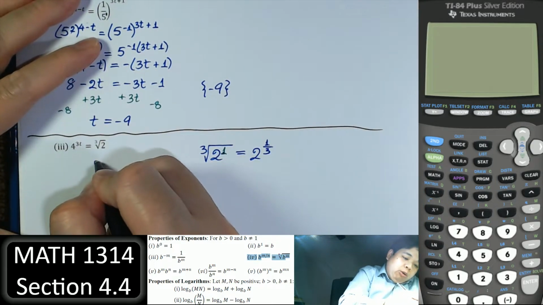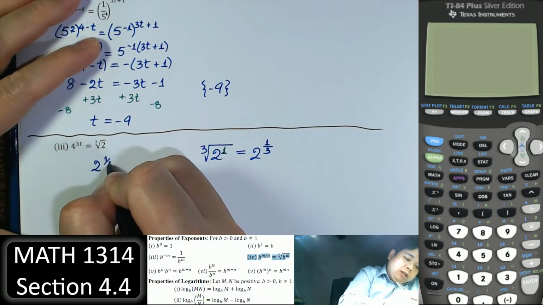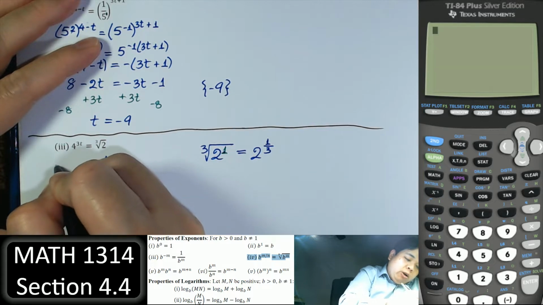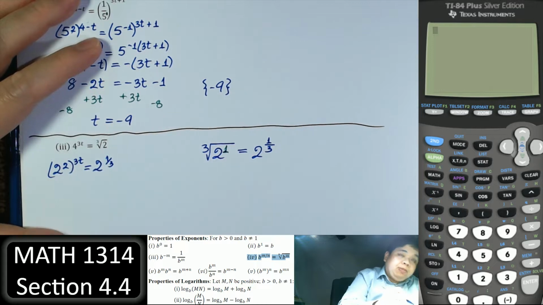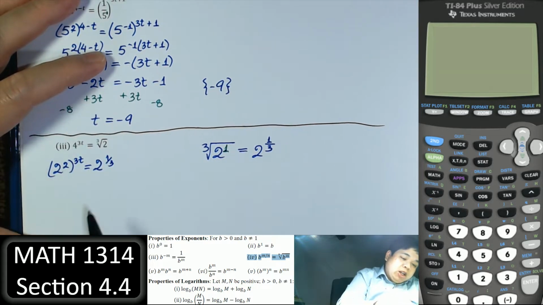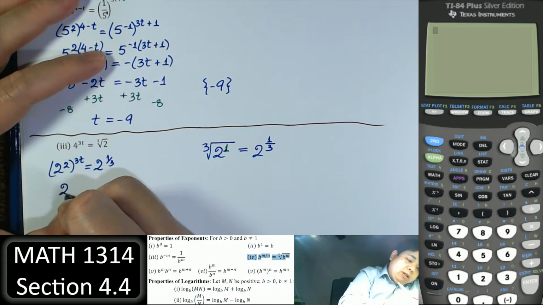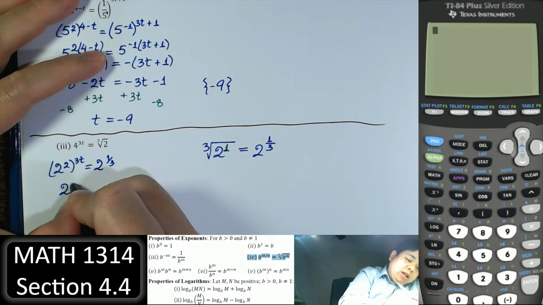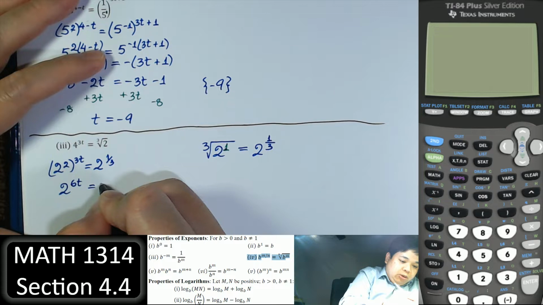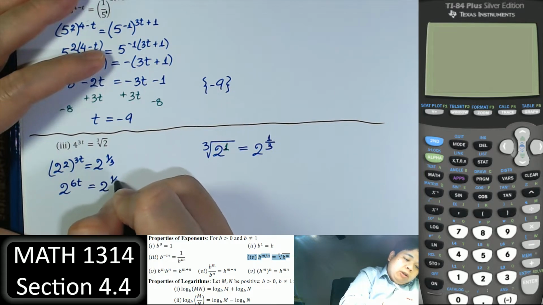So here we rewrite this as 2 to the 1/3. 4 is 2 squared. Now we can multiply the exponents together. 2 times 3t is 6t, and 2 to the 1/3.